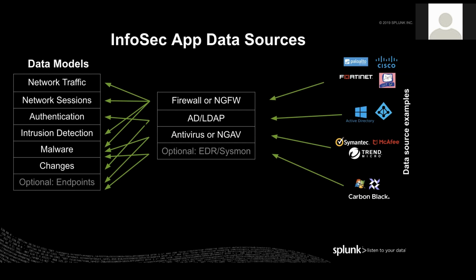And what Splunk does on the left-hand side, and some of you are very familiar with this, is the concept of data models. Network traffic, network sessions, authentication, intrusion detection, malware, changes, and endpoint data models. So all those data sources easily map to those data models.